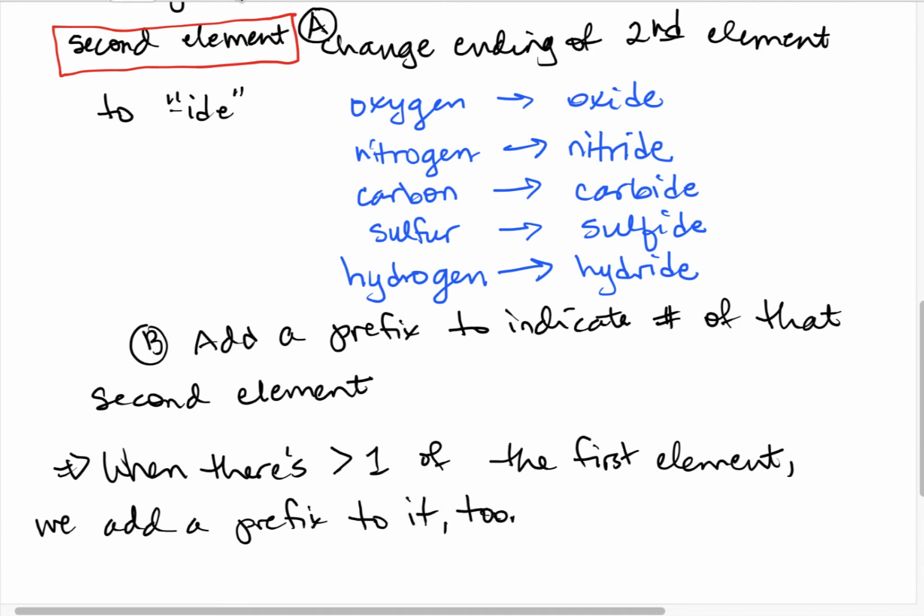So you can have a prefix on both of them if there is more than one of that first element. Okay, so let's look at some examples.